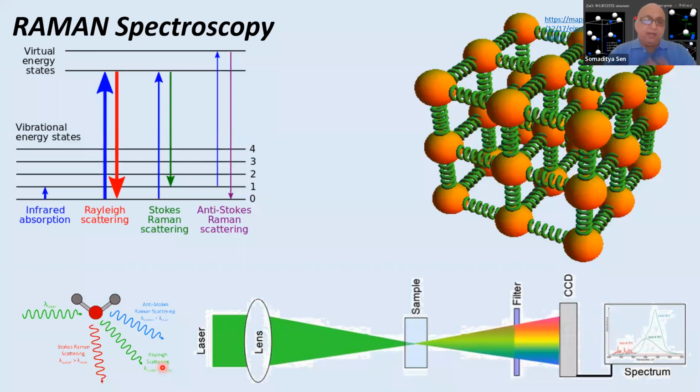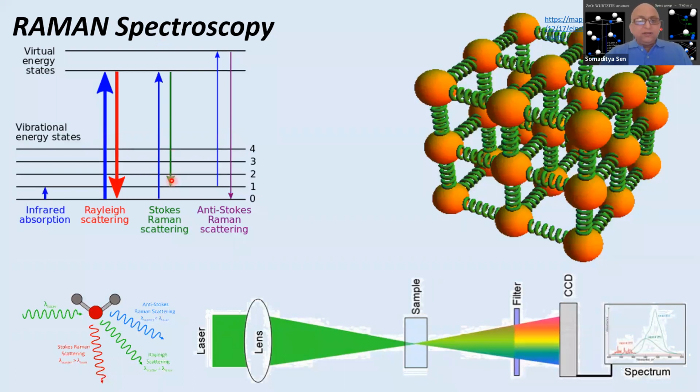What is the physics behind it? Let us find out. When you excite the material with light, a state is excited to a virtual energy state, and that state can decay to the same state, releasing the same amount of energy. That is the elastic scattering, also known as Rayleigh scattering. In the other two, the energy state is not the same on return.